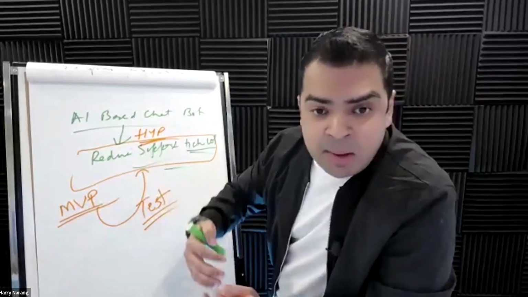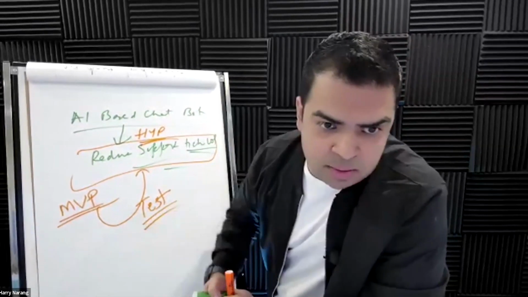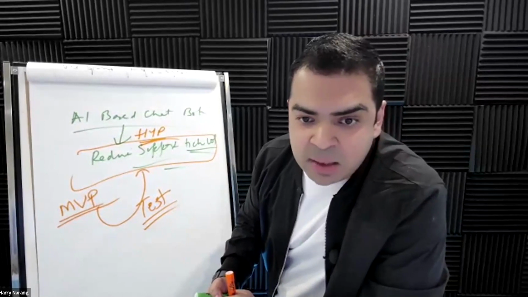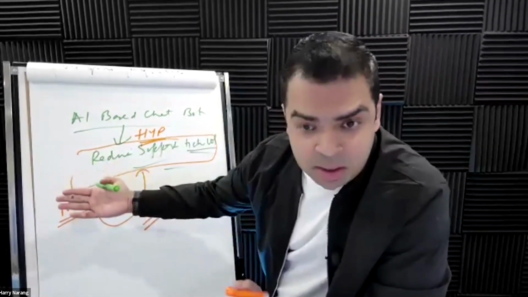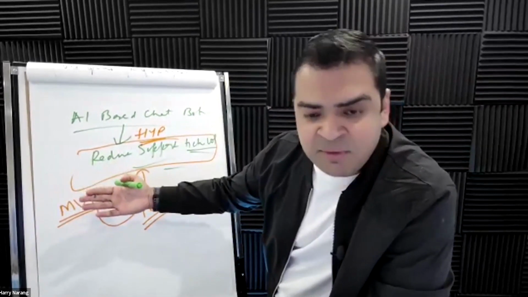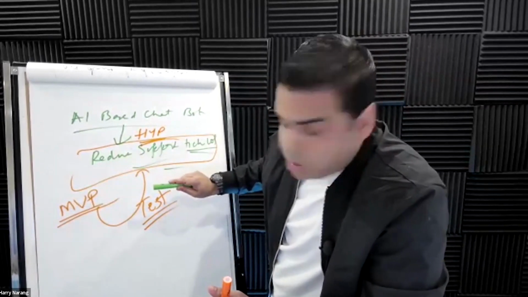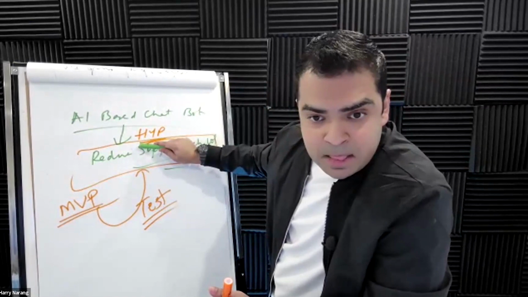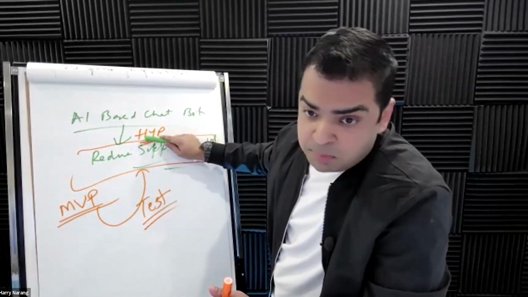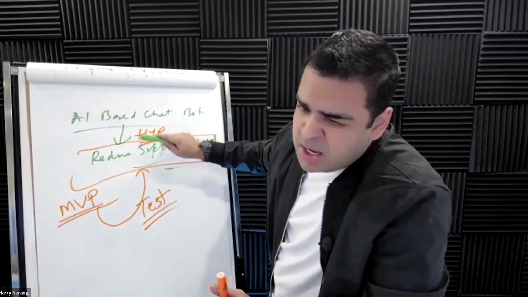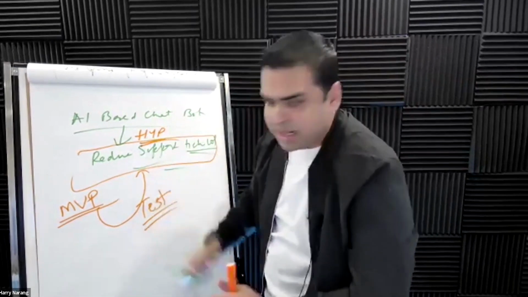Not the minimum that we can go to market with. Not the minimum that we would launch with, which is what many people think of as minimum viable, right? So test our hypothesis. What's the hypothesis? That we will reduce support tickets. I'm going to give you a metaphorical example first, then I'll go back to this one.